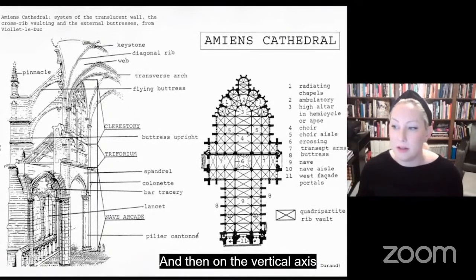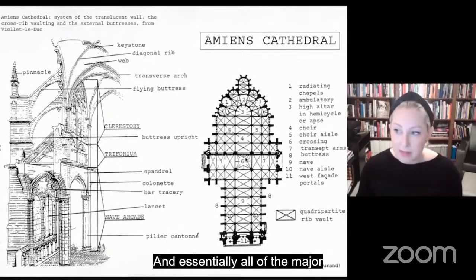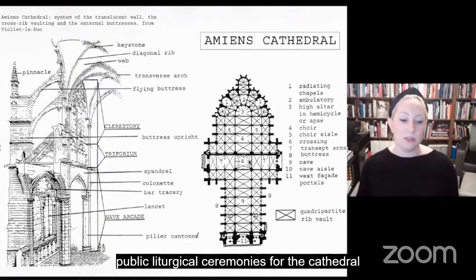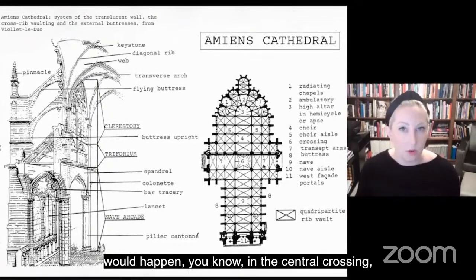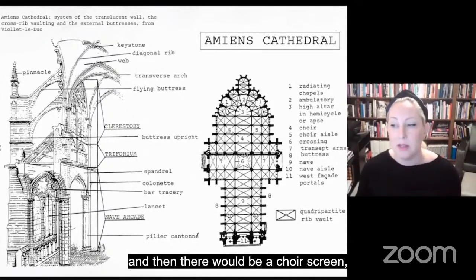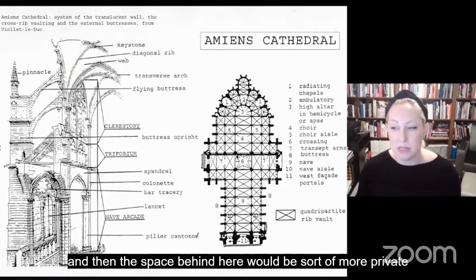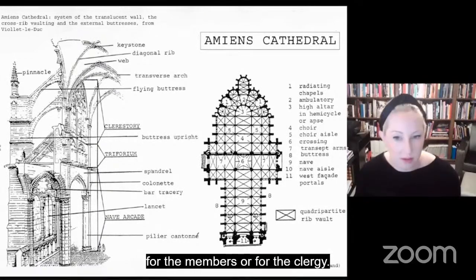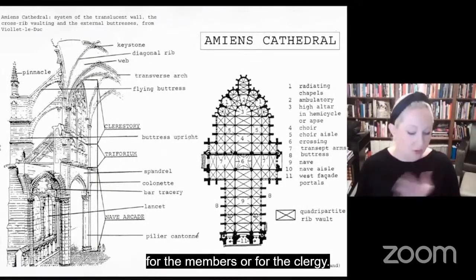And then on the vertical axis on either side of the central crossing, you have the choir up here, and then the nave down below here. And essentially all of the major public liturgical ceremonies for the cathedral would happen in the central crossing. And then there would be a choir screen. And then the space behind here would be more private for the clergy.